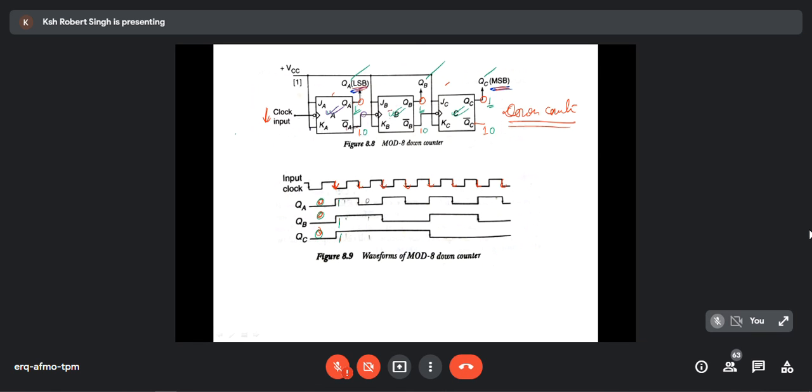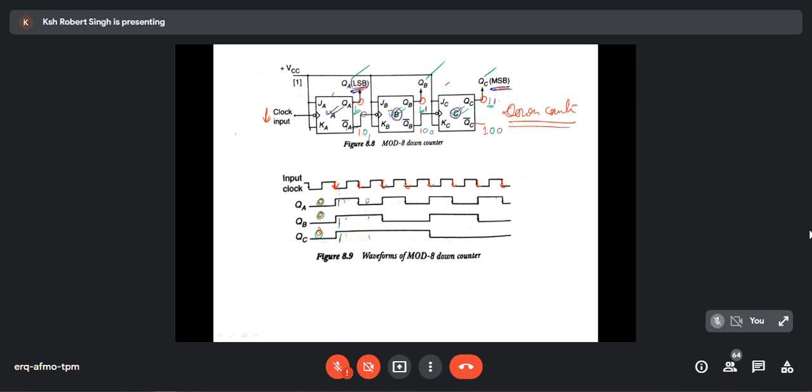Then the next one will become 1. 0 to 1, is it a clock edge? 0 to 1 is a positive edge. It will not work. Output remains as it is, 1. Remains as it is, 0. 0 to 0 is going to affect? No. Output remains the same.